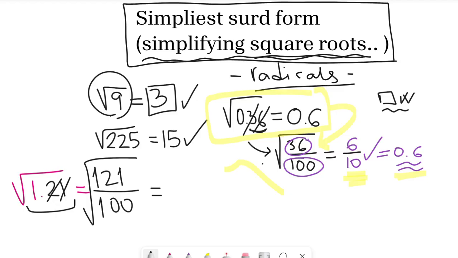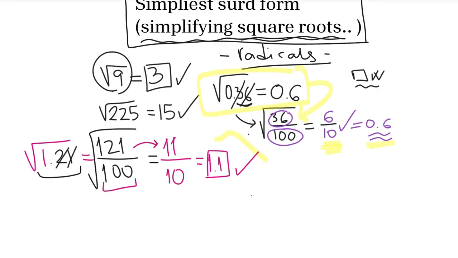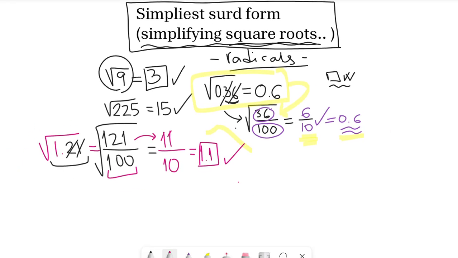All right, 121 over 100. Excellent. What is square root of 121? We know that 11 times 11 is equal to 121. Okay, square root of 100. We know that 10 times 10 is equal to 100. Excellent, that's it, we have the answer. Or you can basically say 1.1. Excellent job.